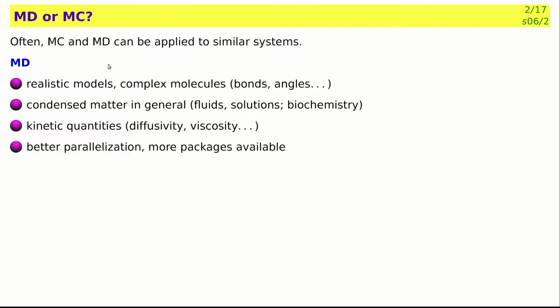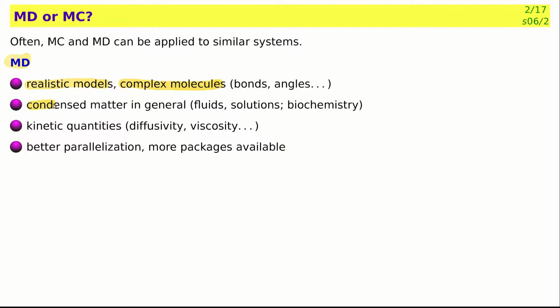The first question is whether we should use Monte Carlo or molecular dynamics. In principle, both methods are applicable to systems which are of interest in chemistry. Usually, molecular dynamics is used for realistic models and for complex molecules with bond angles, and so on, typically in biochemistry.